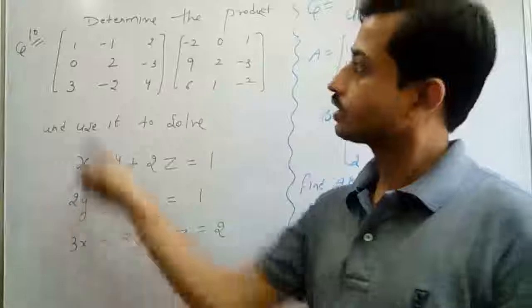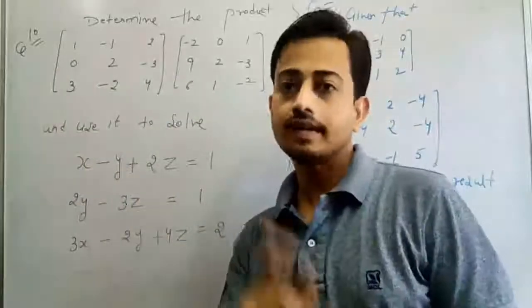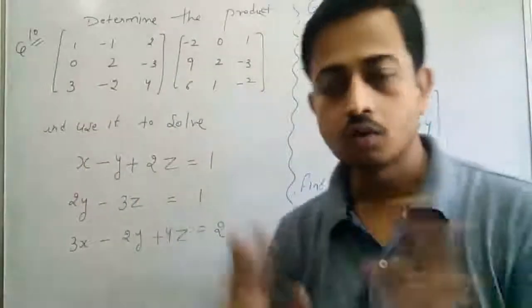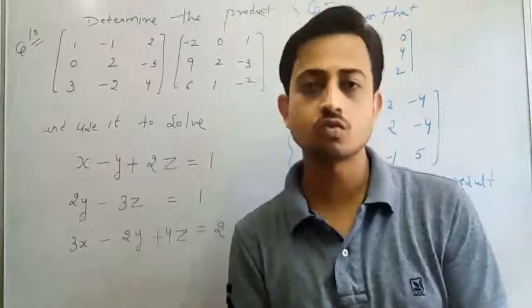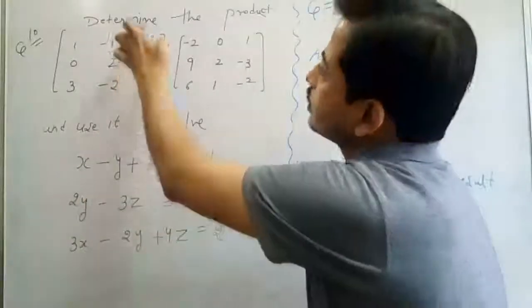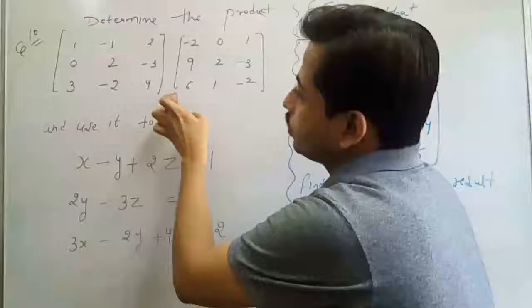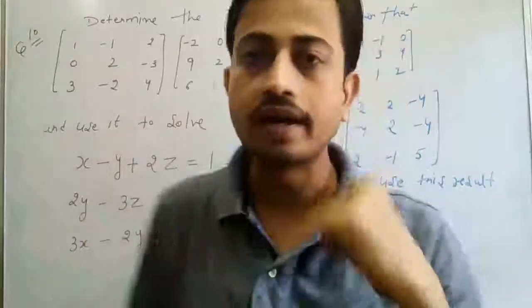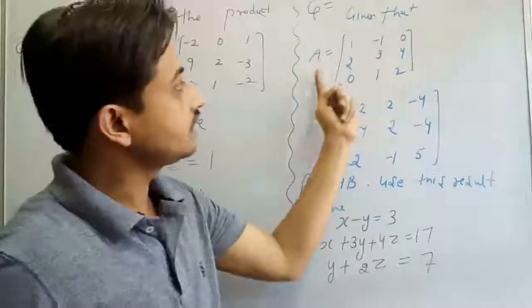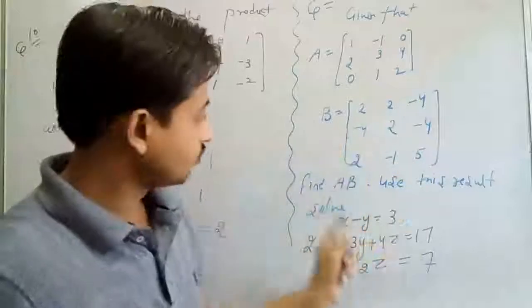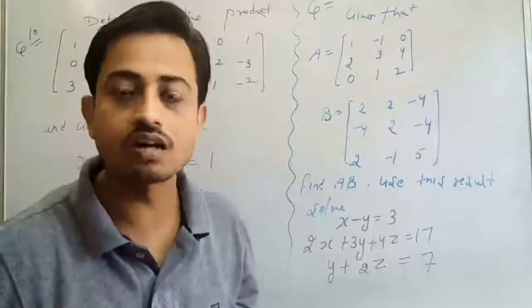Now look at question number 10 and question number 11. Both the questions are the same, but what is the difference? Please look at the question. In this, determine the product, which means we have to multiply. In the other, given that A is this and B is this, we have to find AB. AB is what? Product.